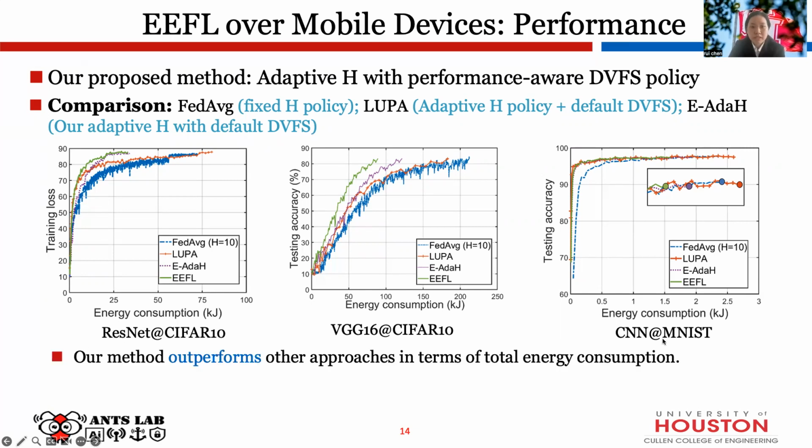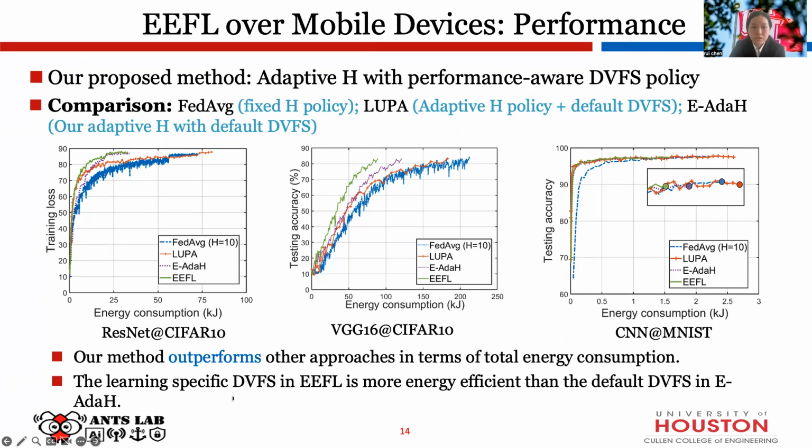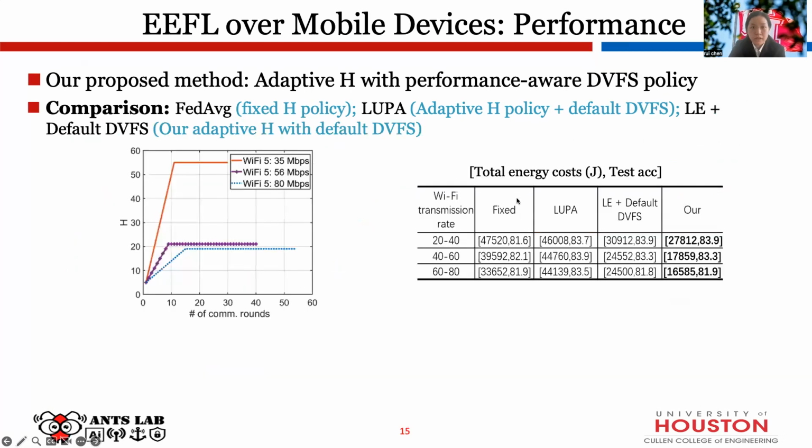For different learning tasks, we find that our proposed method can outperform the baselines in terms of energy reduction. And also the learning-specific DVFS in the proposed method is more energy efficient than the default DVFS in the E-adapt edge.